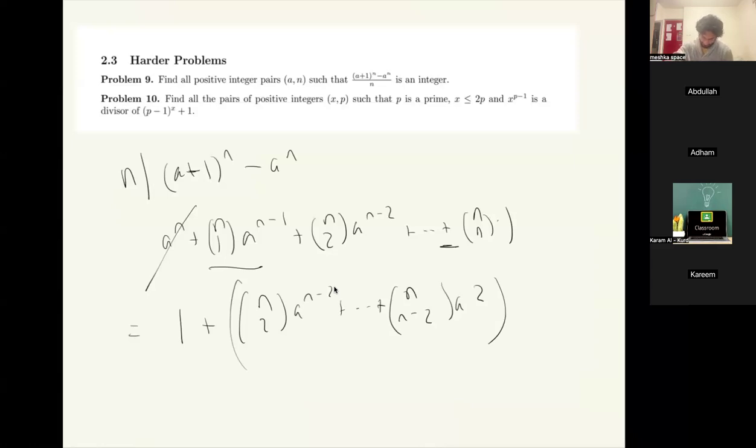We can also group each n over k and n over n minus k.